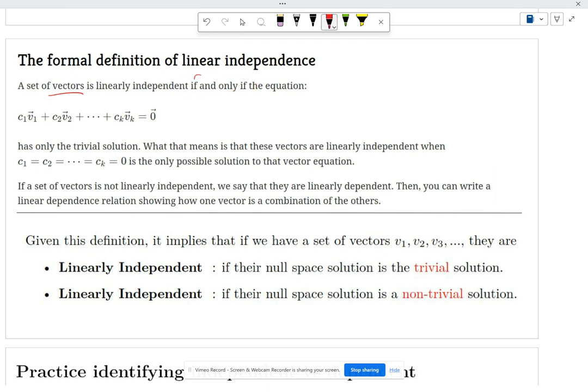So imagine these v's are vectors. If the equation, c1 v1 plus c2 v2 all the way to ck vk equals 0, has only the trivial solution, then it's independent.